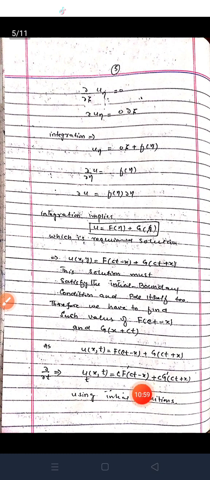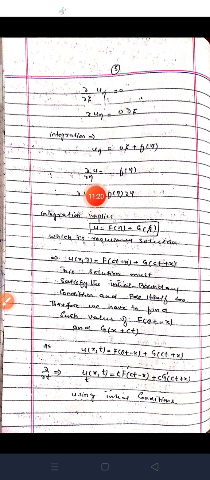Now solving this canonical form, del over del zeta of u eta is equal to 0. Multiplying del over del zeta on both sides and taking the integral on both sides, because eta is constant, this constant is considered as a function of eta.